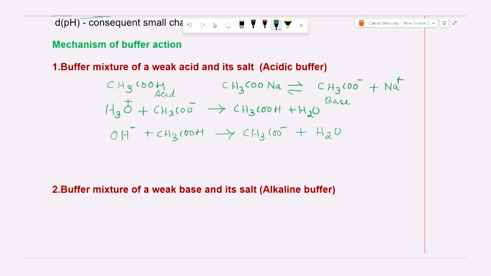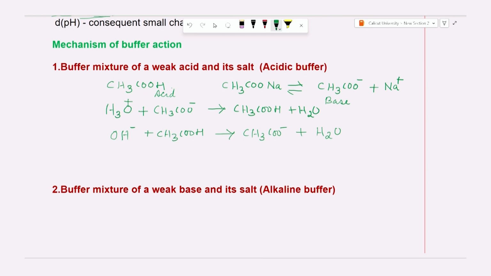So, you do not have an increase in OH minus ions, and therefore, even if you add strong base, there will not be any change in pH. In the case of acid also, the hydronium ions are removed, and therefore, there will not be any change in pH. And this is how a mixture of weak acid and its salt, that is a buffer, resists its pH change, and this is known as the mechanism of buffer action of a weak acid and its salt.